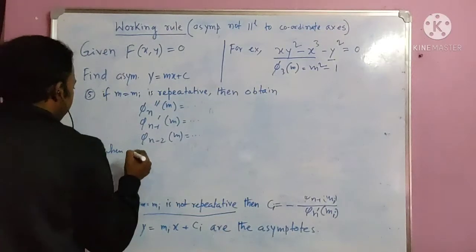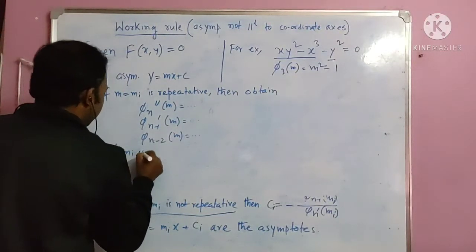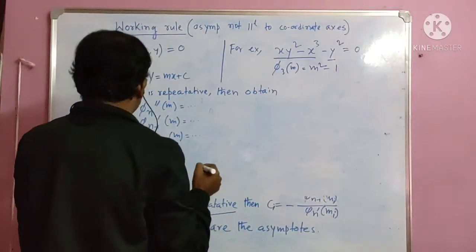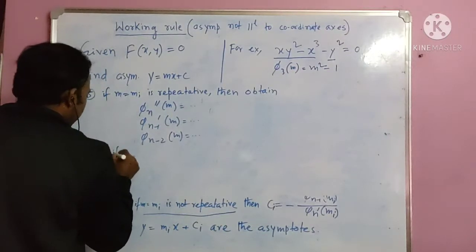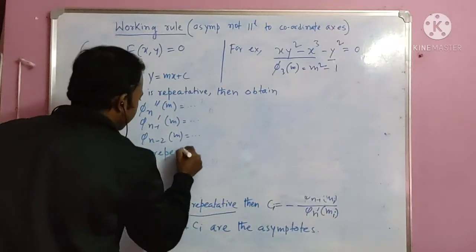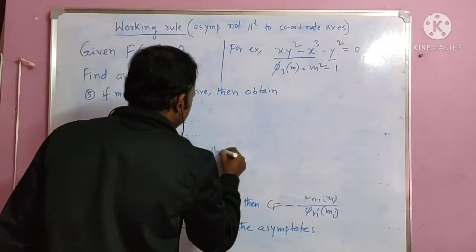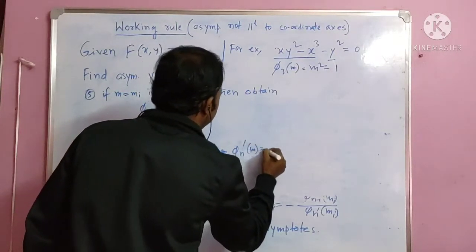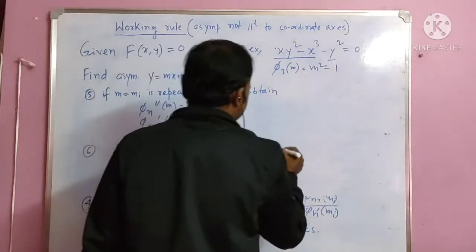When if mi is repetitive, then phi n dash m equals to 0.